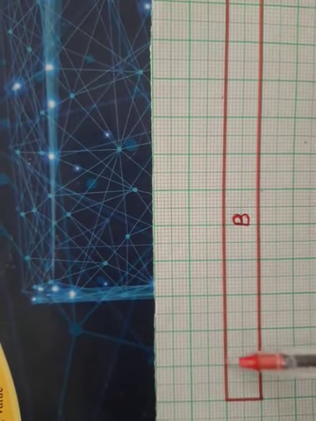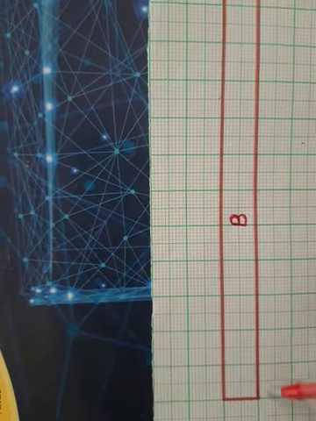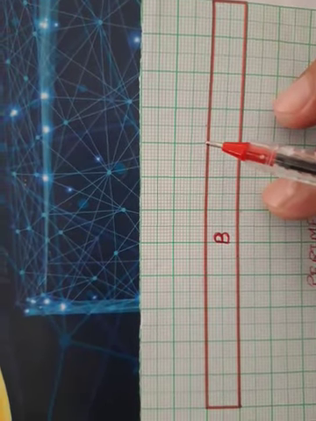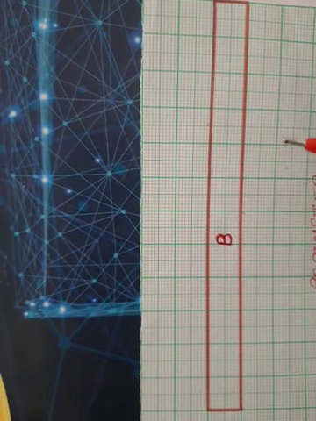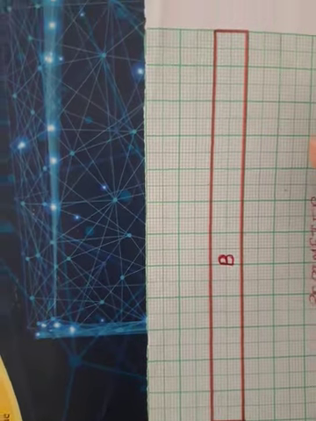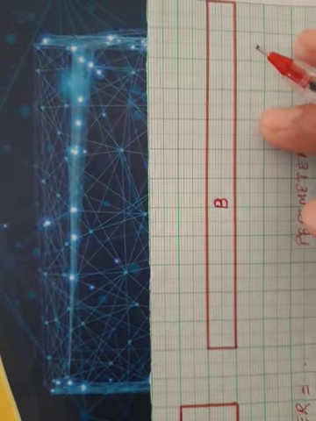So these are 26 lines. So the perimeter of rectangle B is 26 centimeter.